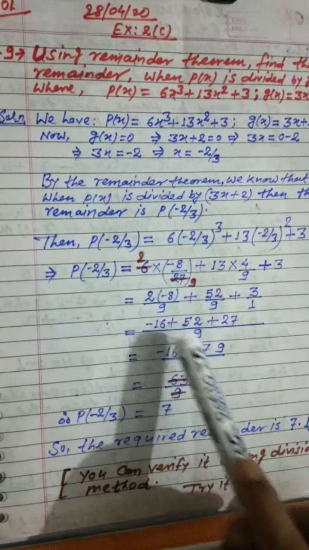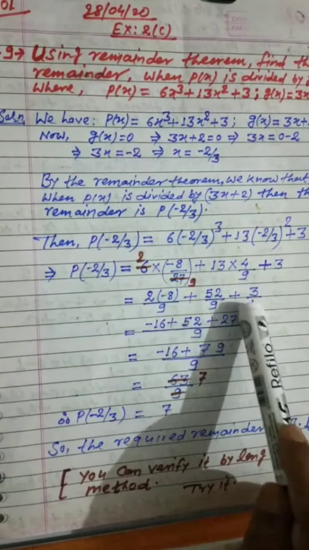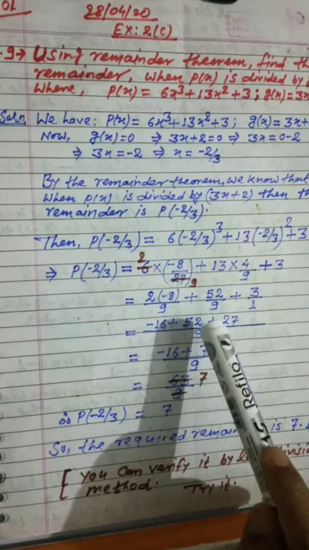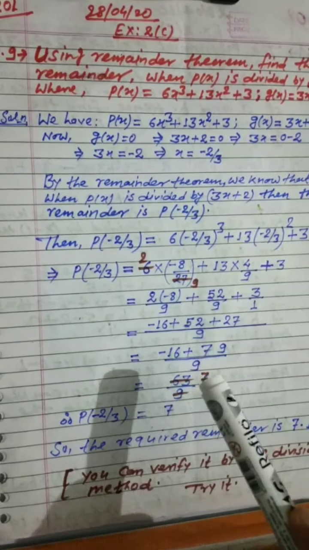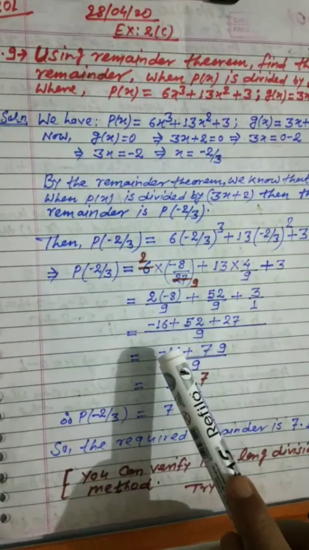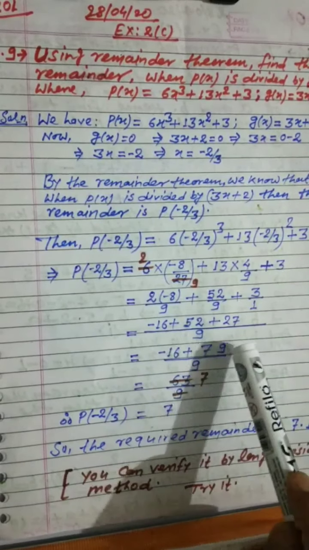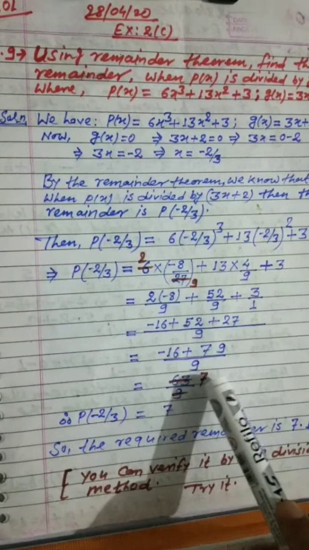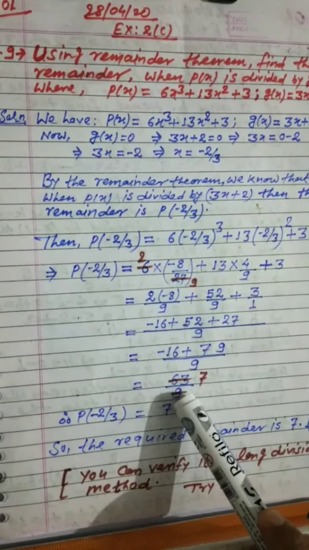So it will be minus 16 plus 52 plus 27. These two numbers are positive, so we have added them. 27 plus 52 is 79, so minus 16 plus 79 by 9. Now this is a negative number and this is a positive number, so we have to subtract 16 from 79. 9 minus 6 will be 3, and 7 minus 1 will be 6, and in the denominator there is 9.